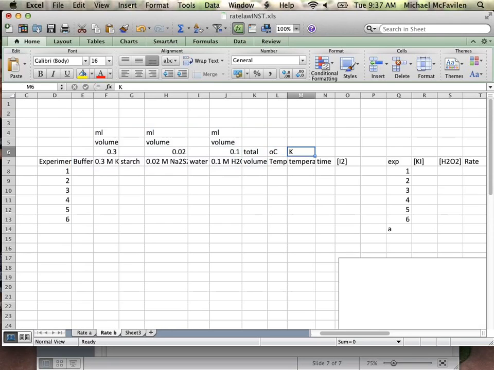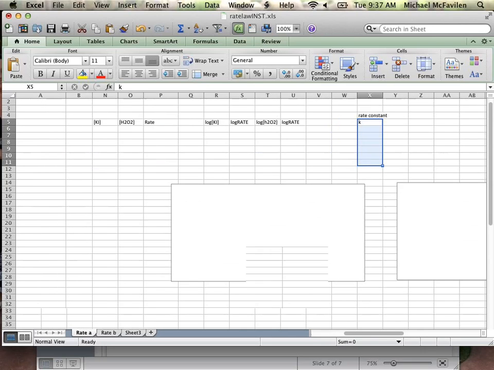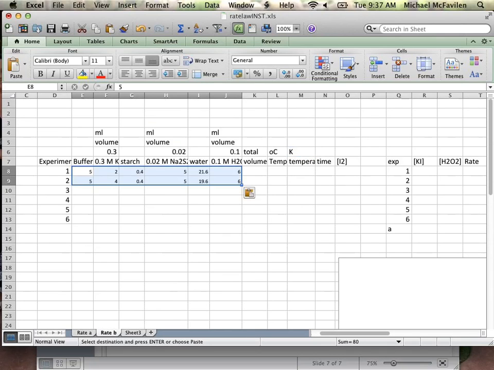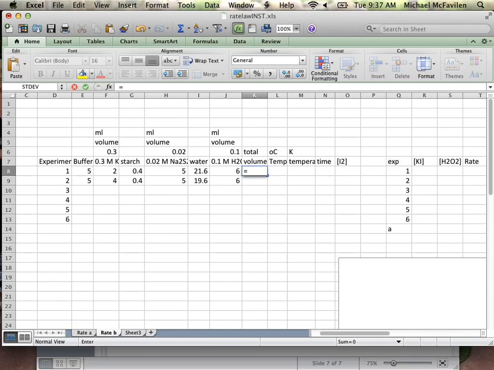Okay, I need to copy some data over so we can work with some of this. To get the total volume, what did I say we do? We want Excel to calculate it for us, so we'll hit equals. We can then click individually each cell that we want it to add up, and it will just add them to it.